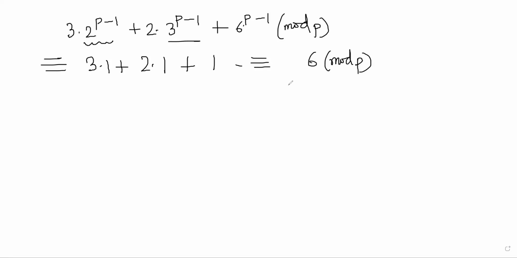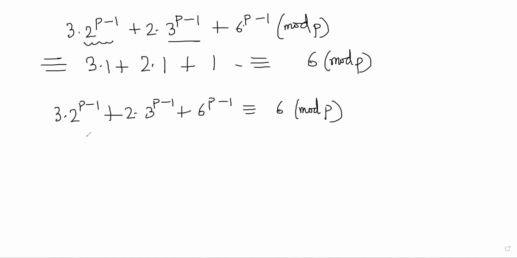Right? So basically we have this expression, 3 into 2 power p minus 1 plus 2 into 3 power p minus 1 plus 6 into 6 power p minus 1, congruent to 6 mod p. Now, if I take 2 outside here, I can write 6 into 2 power p minus 2.